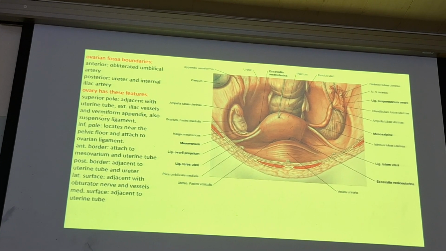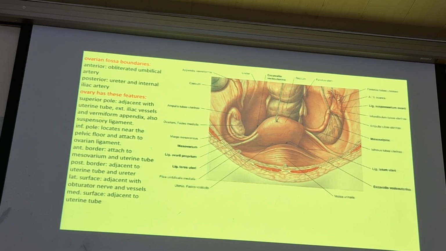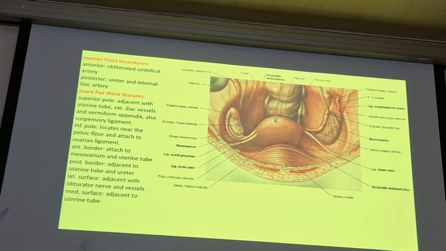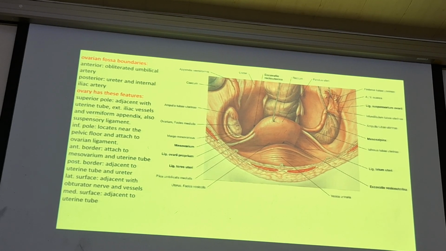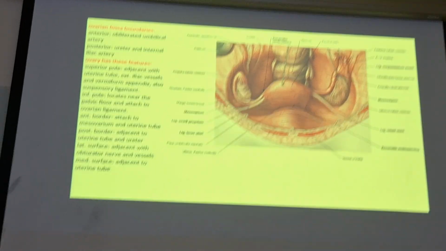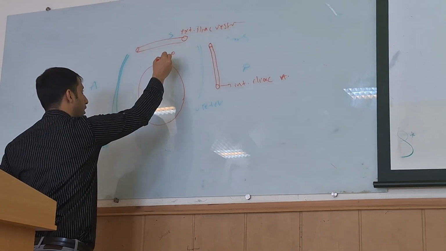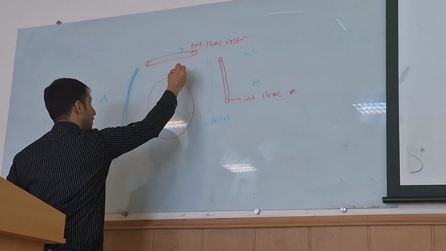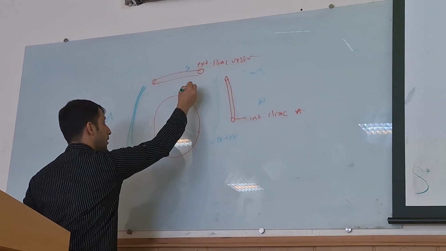What are the lateral adjacents, the adjacency of the lateral surface? As you know, the lateral surface is attached to the lateral wall of the pelvis. But in this area we have an artery and nerve. Which artery and nerve?